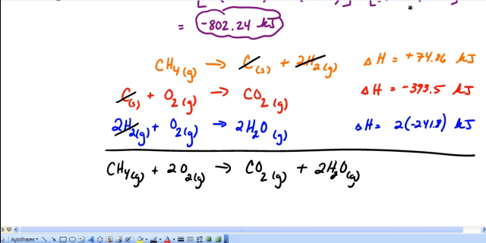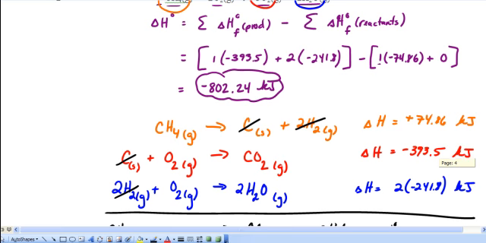And when you add all of these delta H's up, you get a negative delta H equaling a negative 802.24 kilojoules. So effectively what you're doing is exactly what we did when we originally took a look at Hess's law, where you're simply adding up a bunch of equations and adding up their delta H's. It's just that using this form of the equation when you're dealing with standard enthalpies of formation, it's just a shortcut way of doing all of this work.